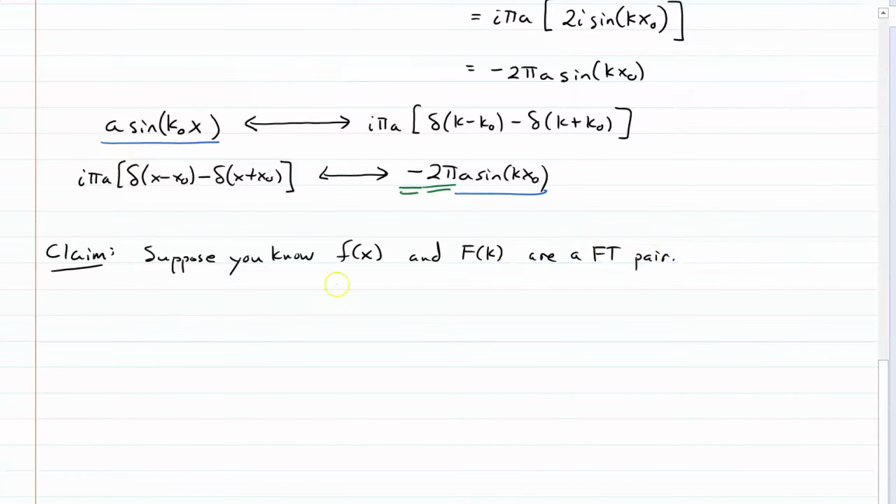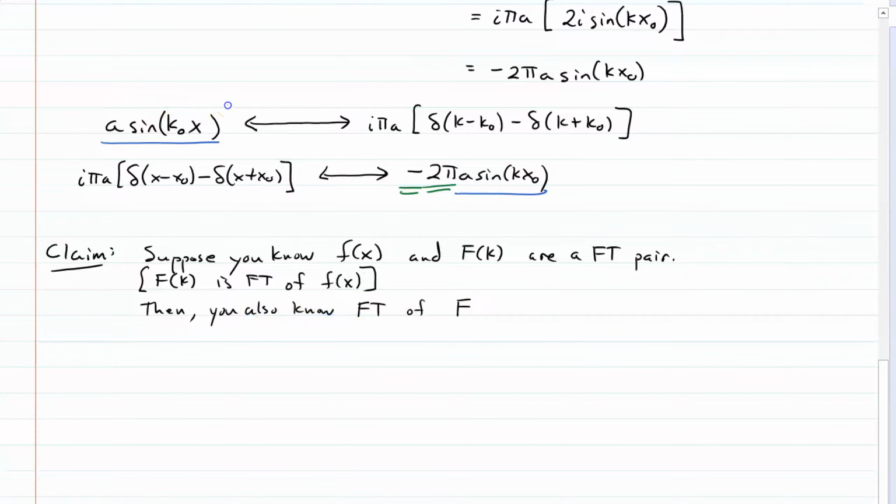In other words, F of k is the Fourier transform of f of x. Then you also know that the Fourier transform of this function F of x is 2 pi f of minus k.